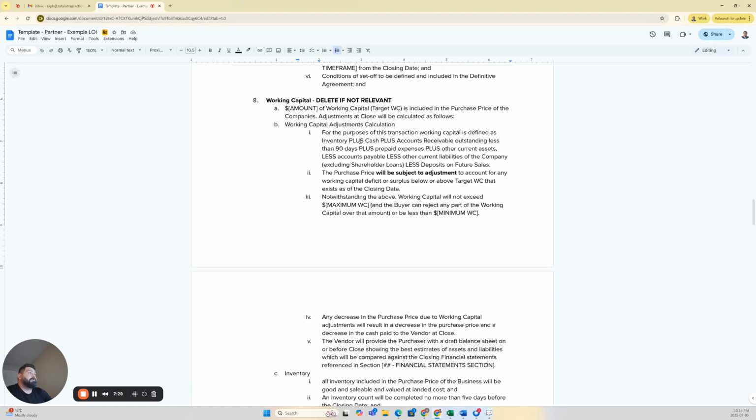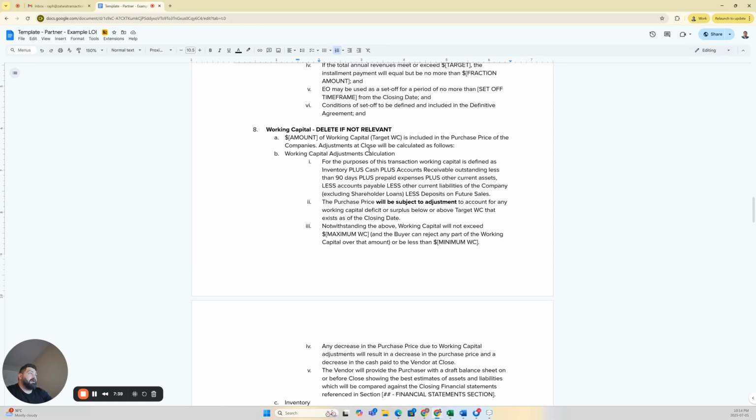And then working capital. Working capital is typically something that the accountants kind of get caught up on or they fight over. It's better to just put it in the offer. So how much actual liquidity is required to run the business, including the inventory, right?